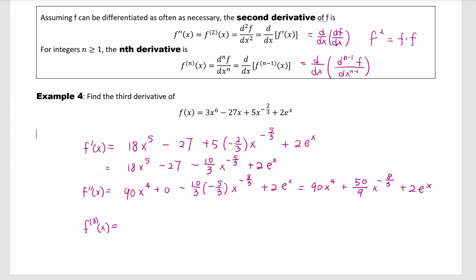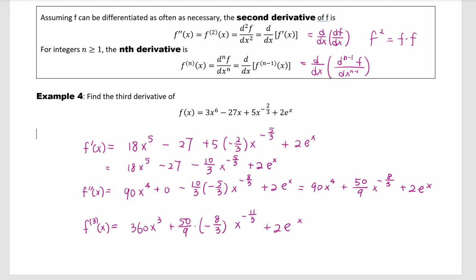The derivative of 90 x to the 4th is 360 x to the 4 minus 1, 3. And then 50 over 9 times negative 8 over 3, x to the negative 8 over 3 minus 1, which is negative 11 over 3. The derivative of e to the x is still e to the x, sorry.